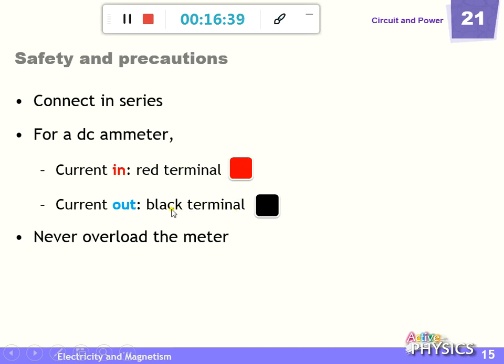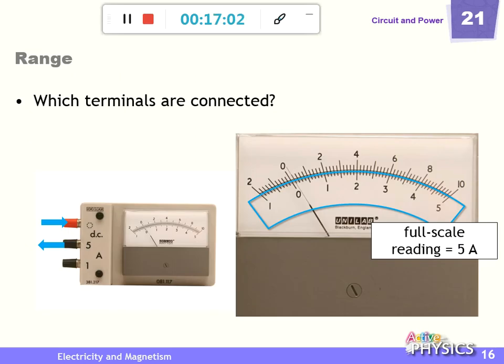And for the negative terminal, usually it will be the black one. And also, because this one will measure the current, if the current is too large, it will damage the meter. So please be careful of the size of it. Otherwise, this one we will say that overload the meter.